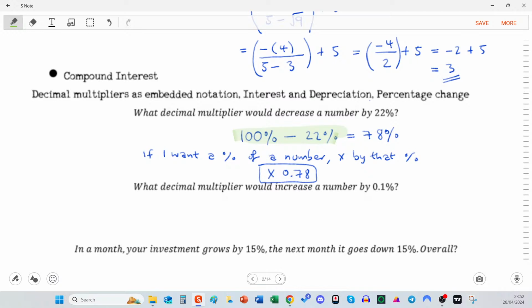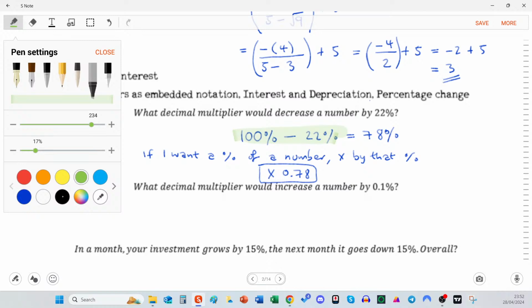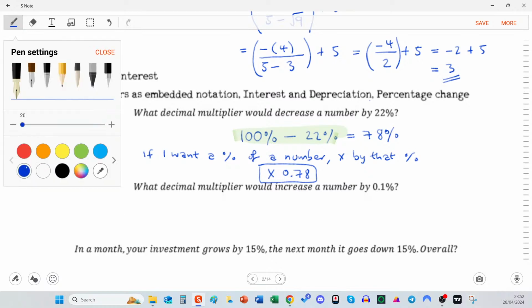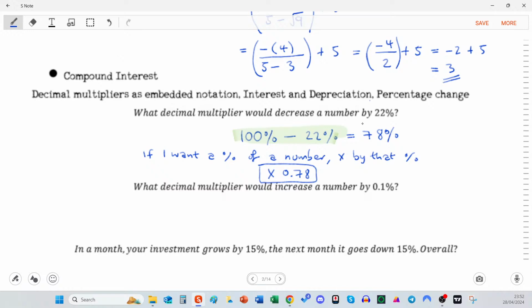And then you take it away. So you've done a unique question and then a separate operation to find your answer. If you do it this decimal multiplier way, then this is the same thing every single time. 0.78 is what you'd multiply any number in the world by to give you a decrease of 22%. Right, I made my point, I think.